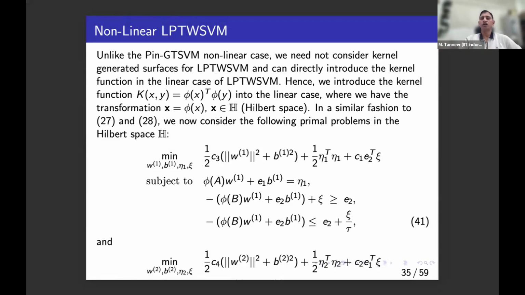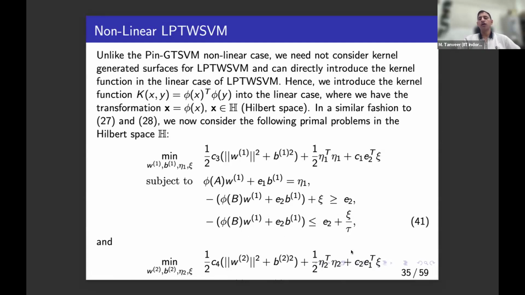This is equations 41 and 42. They are essentially the primal form of the nonlinear linear programming twin support vector machine algorithm.